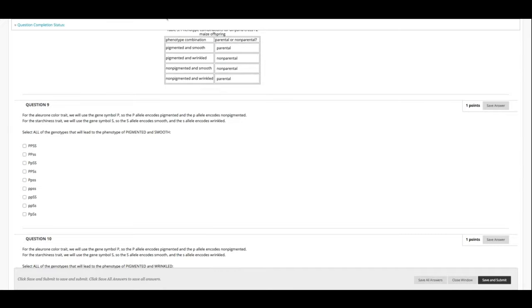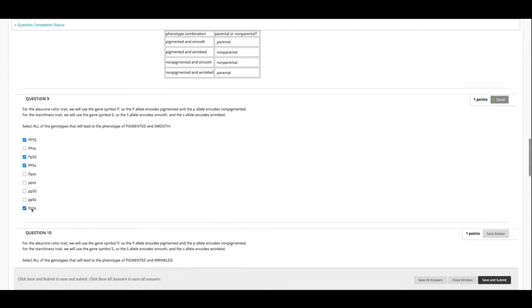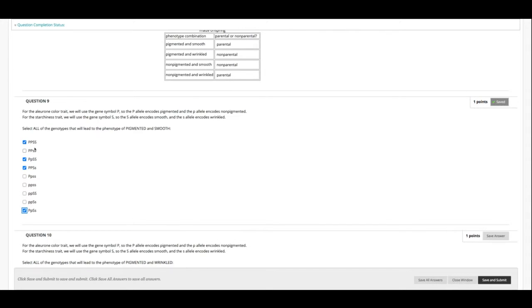Miss Teasley is saying big P, big S, and big P, big S, little S. Big, little, big, little.